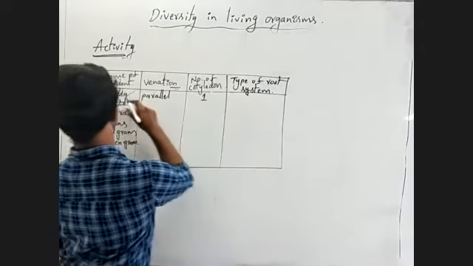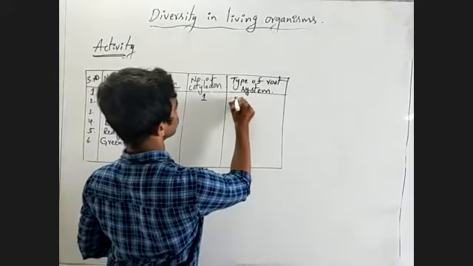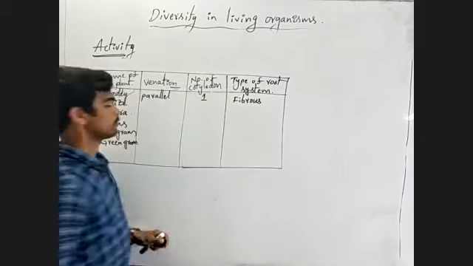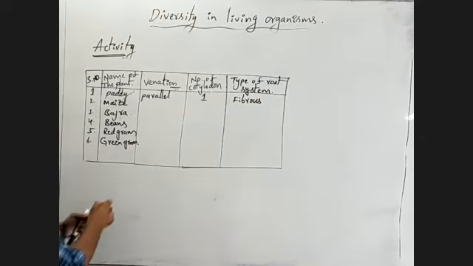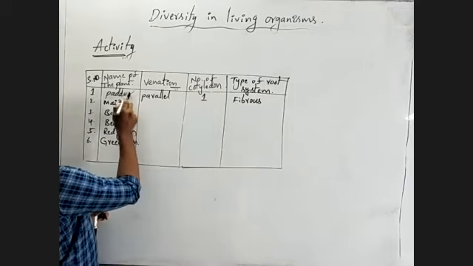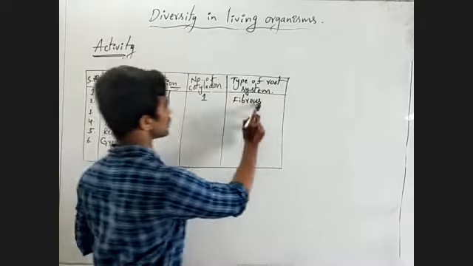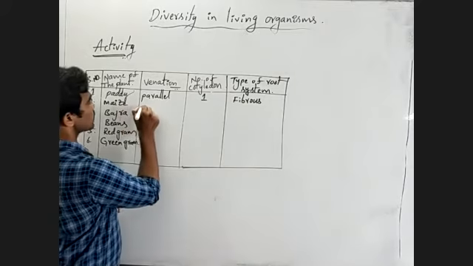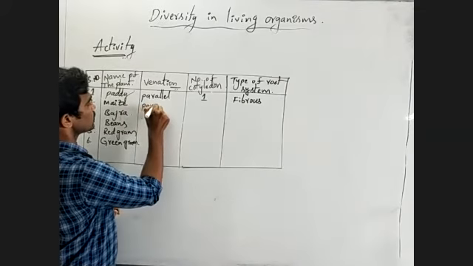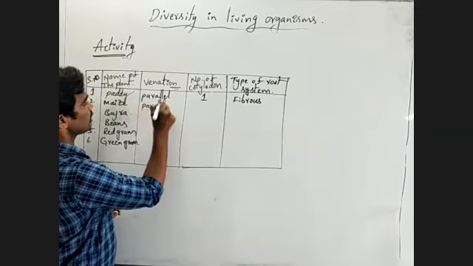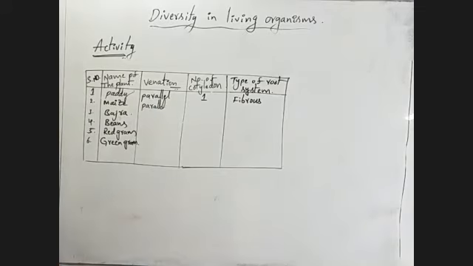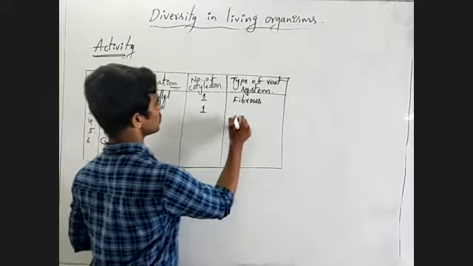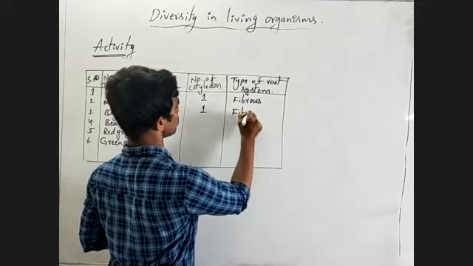Here in paddy, fibrous root system. Why? Only one cotyledon is present, which means it is monocot. Monocots have a fibrous root system. Next, maize. Venation is parallel. Number of cotyledons 1. Root system fibrous.